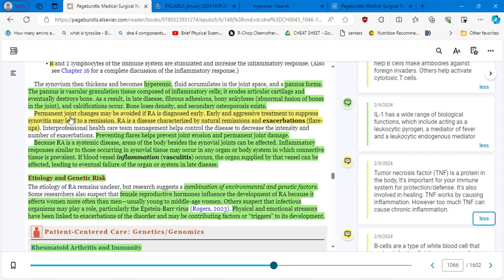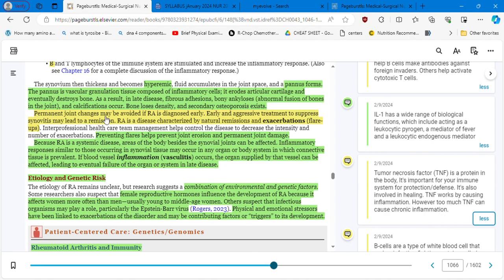Perfect. Permanent joint changes may be avoided if rheumatoid arthritis is diagnosed early. Early and aggressive treatment to suppress synovitis may lead to a remission. Rheumatoid arthritis is a disease characterized by natural remissions and exacerbations, flare-ups. Let me review.